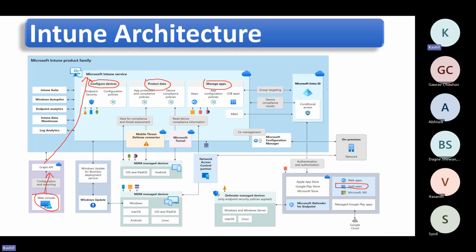Like Microsoft Entra ID, then SCCM Configuration Manager, then it has integration with Apple App Store, Google Play Store, Microsoft Store, Windows Store, right? Plus SCCM has integration with Microsoft Defender for Endpoint as well.